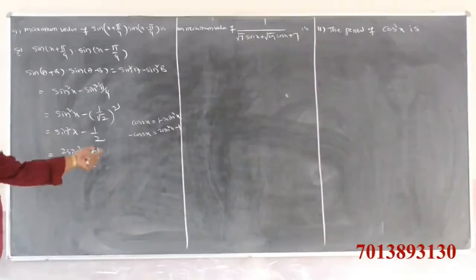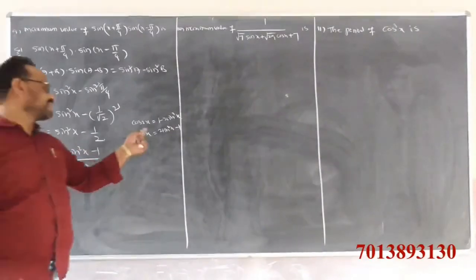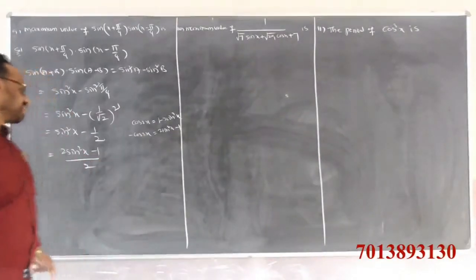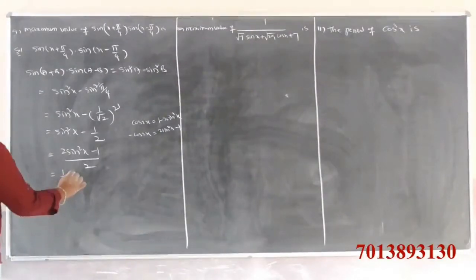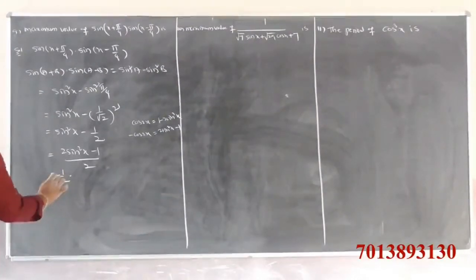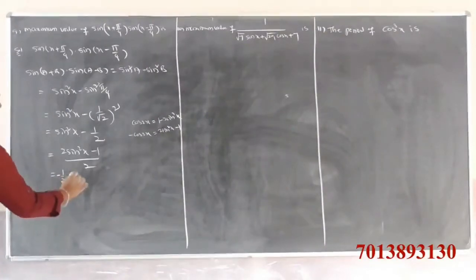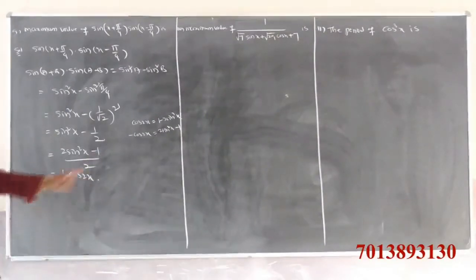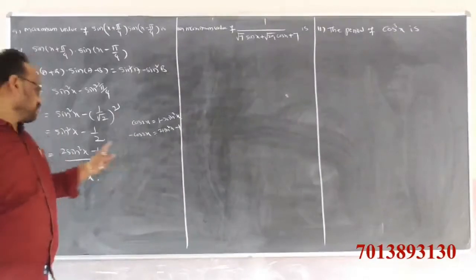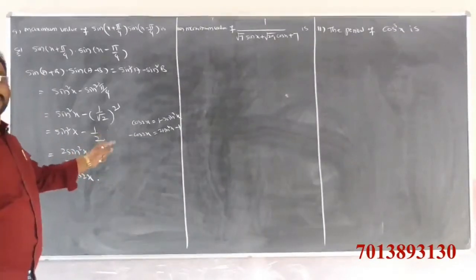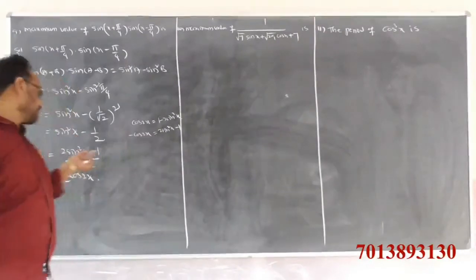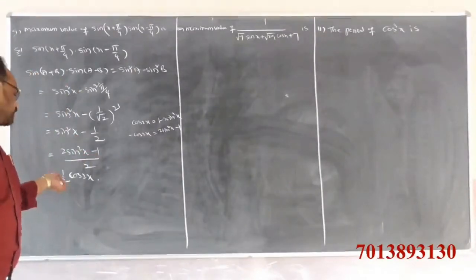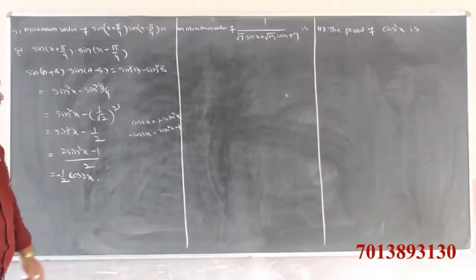So 2 sine square x minus 1 can be written as minus cos 2x. Here the denominator 2 is there, so that's why we get minus 1 by 2 times cos 2x.